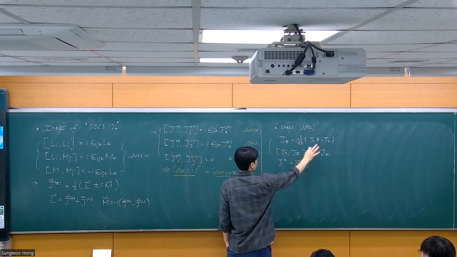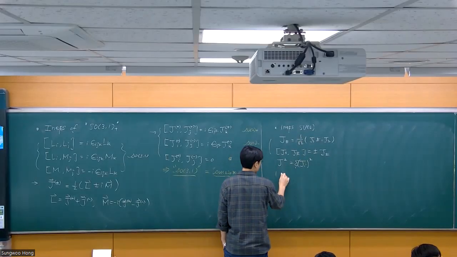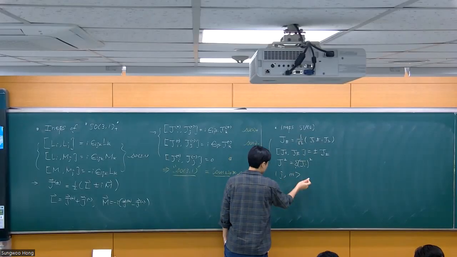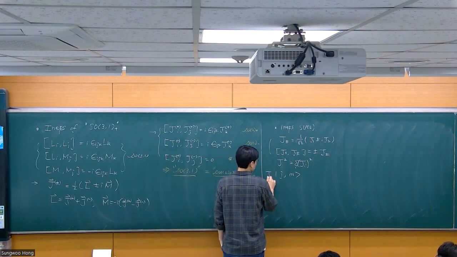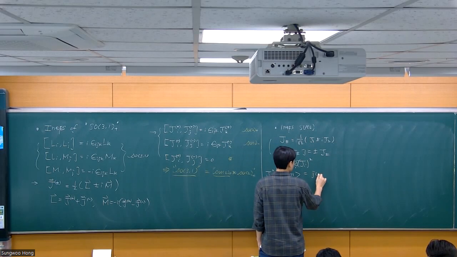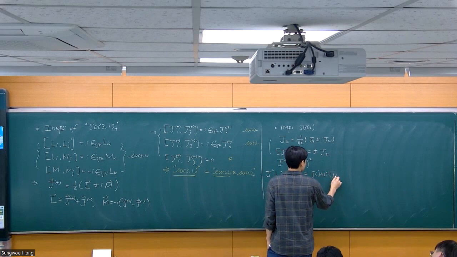Then you organize your representation as there's a J, there's an M, right? And then if you take J squared, obviously you get this.